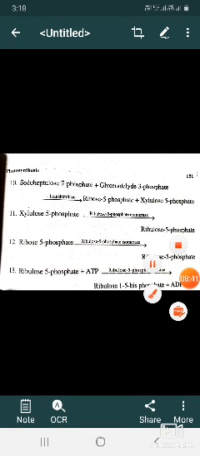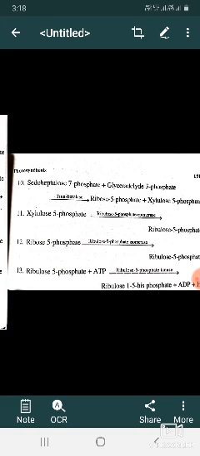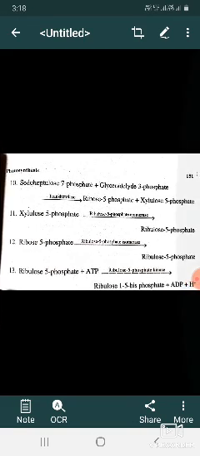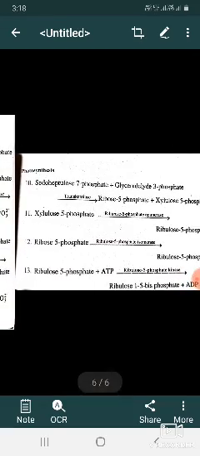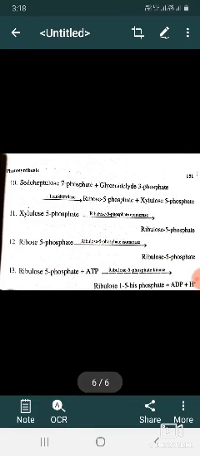Further, to increase the efficiency of the Calvin cycle, the enzymes are bound to the thylakoid membrane, achieving high localization and acting as channels for substrates and protecting them.